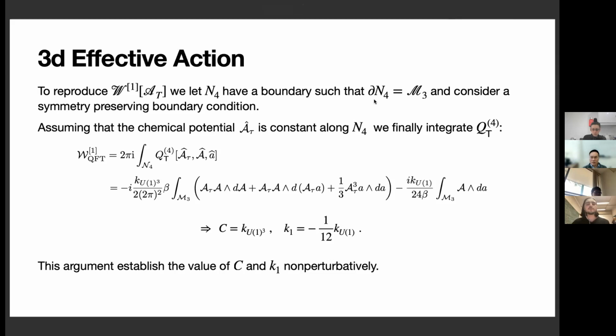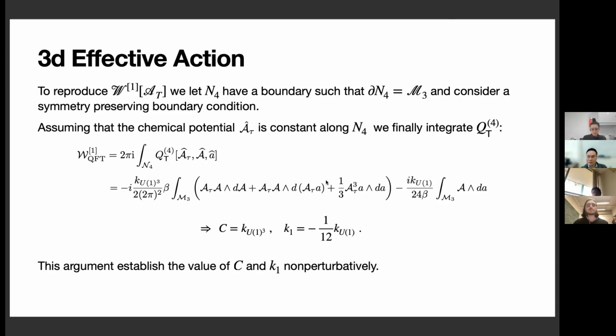So then if we fix the A tau, so we fix the axion to be, so we integrate it to a constant along N4, we treat it as a chemical potential for the thermal isometry. We can finally integrate this Q4 over the 4-manifold and obtain precisely this contribution from the anomaly.